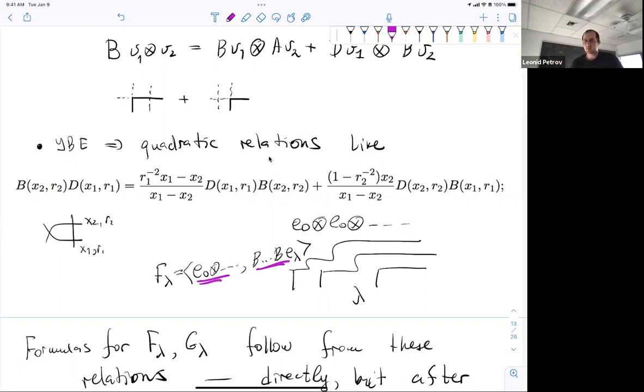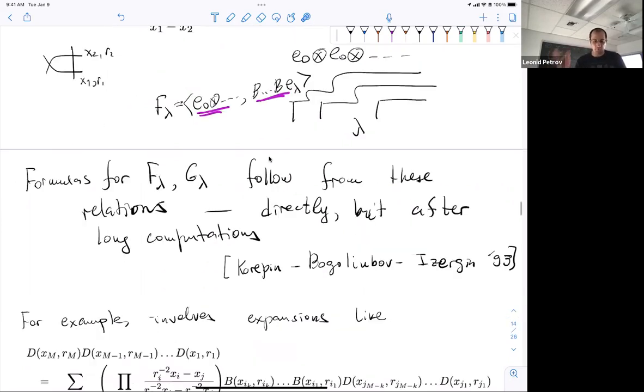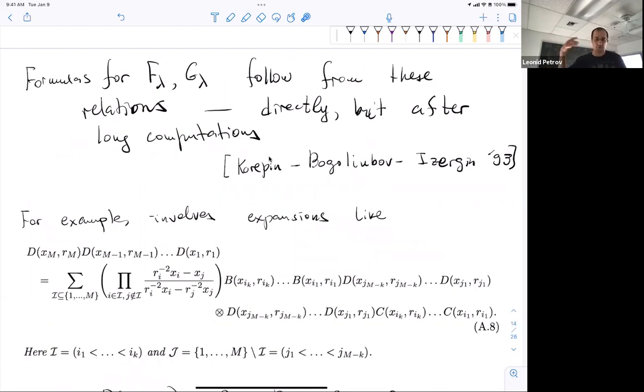So in this way, f and g, both partition functions, become just matrix elements of products of ABCD operators acting in the infinite tensor product. It's infinite, but it's not that infinite. When lambda is finite, you can just cut it here, so it's actually even a finite tensor product. And the formulas follow from these two types of relations: quadratic relations and tensor product relations.